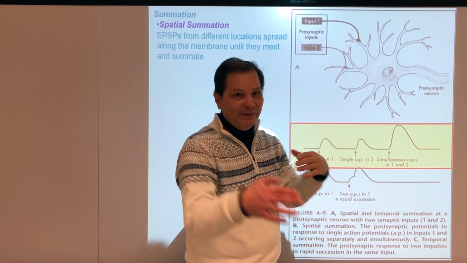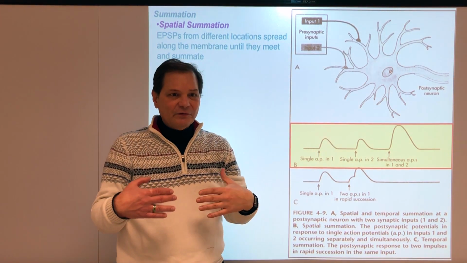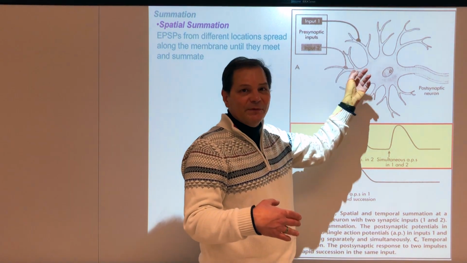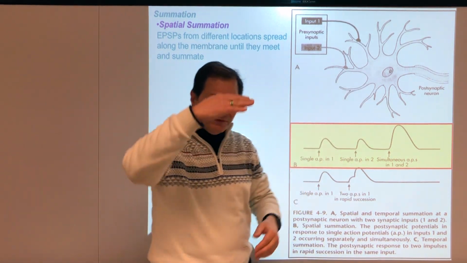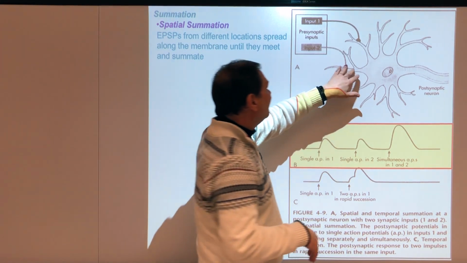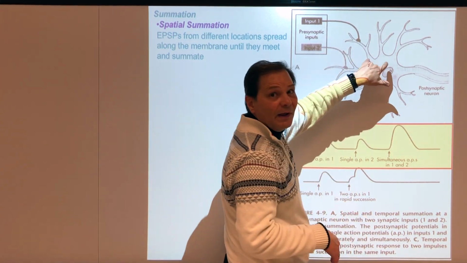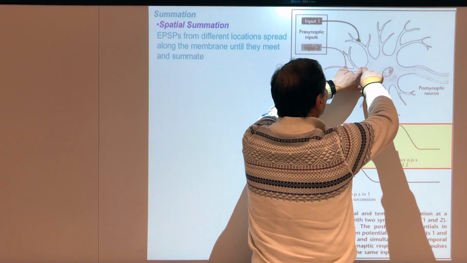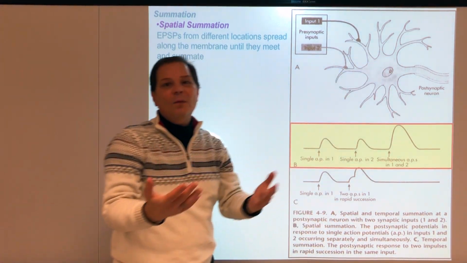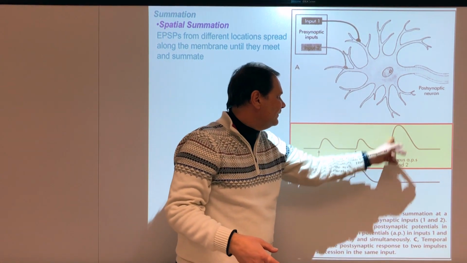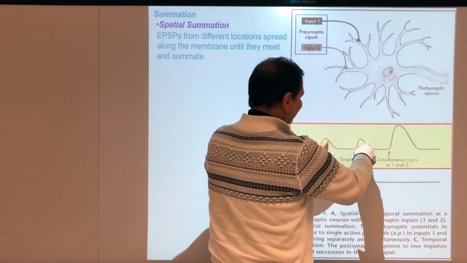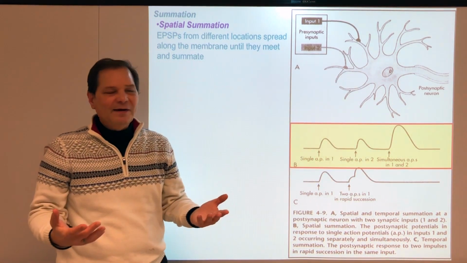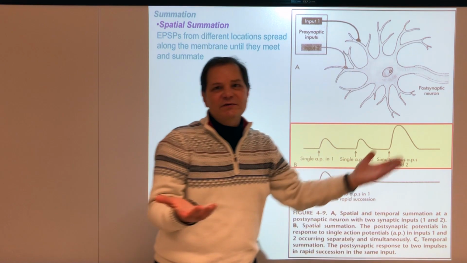That EPSP will be subthreshold, but as I described in the action potential videos, that subthreshold potential will still move. It'll decrement as it moves, but it'll still sort of propagate through this membrane, okay? And so this one propagates, and this one propagates, and if they come together, they summate, and they make one big depolarization. So this one comes together with this one spatially, and they add up. And if you get enough of these that add up, you'll get enough of a depolarization to hit threshold.